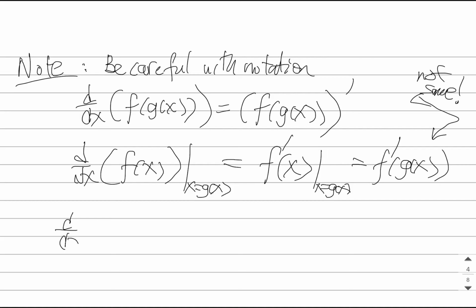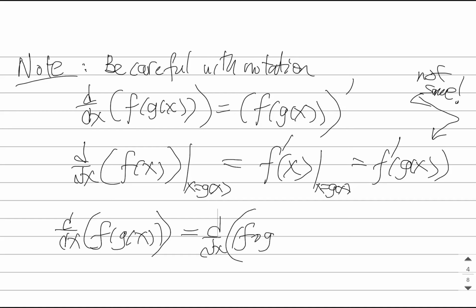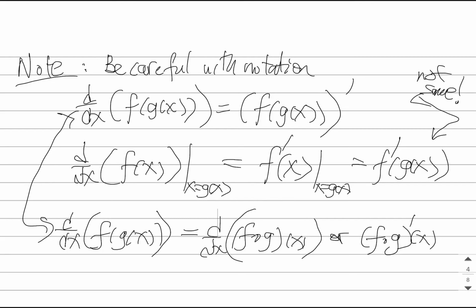At the same time, when you are asked to differentiate a composite, another way to write it would be like saying the derivative of f circle g of x or f circle g prime of x. Those, in fact, are the same.